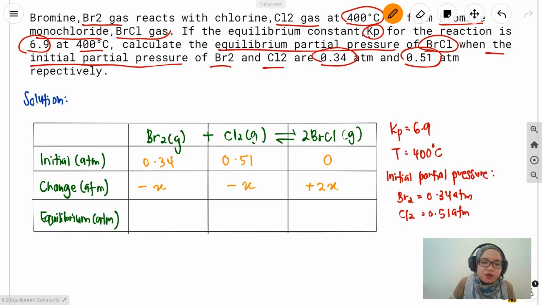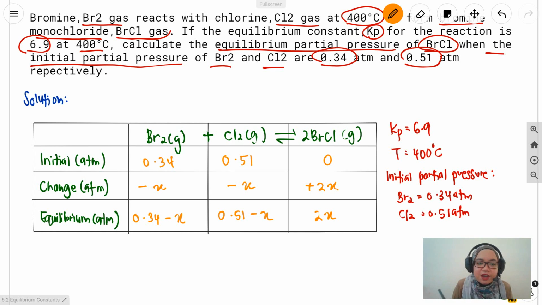So for the equilibrium is initial plus change. So 0.34 plus negative x is 0.34 minus x. 0.51 plus negative x is 0.51 minus x. And 0 plus 2x is positive 2x. Tak payah positif pun tak apa, you can just put 2x.